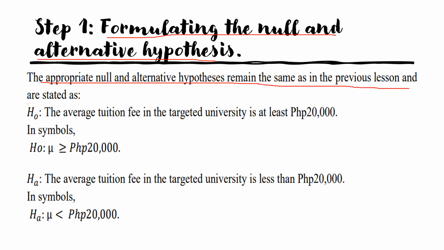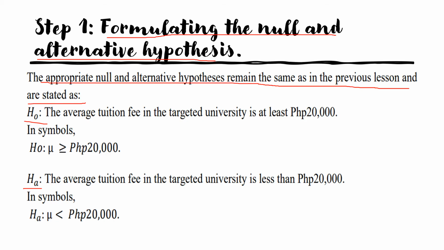We simply use again these two hypotheses, still the same as your first and second problem, because we really need to use three different scenarios: if the population variance is known or unknown, and once we apply the CLT, what will be the most appropriate test statistic that we can use based on this situation.